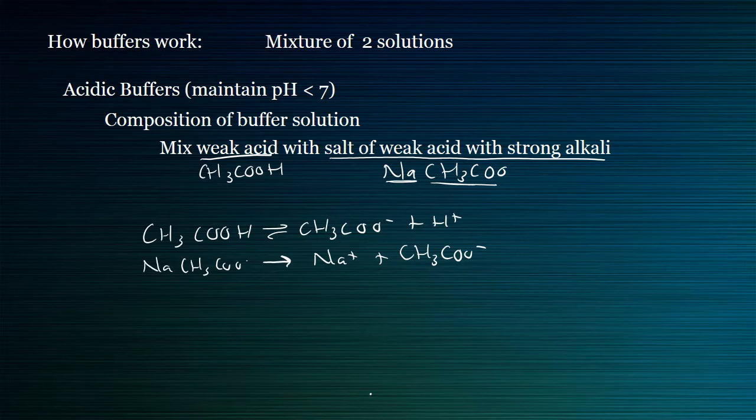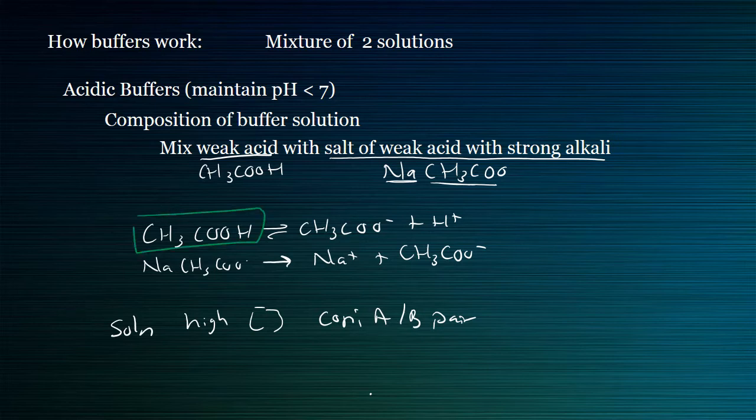Now what we want is to make sure we have a solution with a high concentration of your conjugate acid-base pair. So what does that look like? If CH3COOH is our weak acid, what is its conjugate? CH3COO minus.